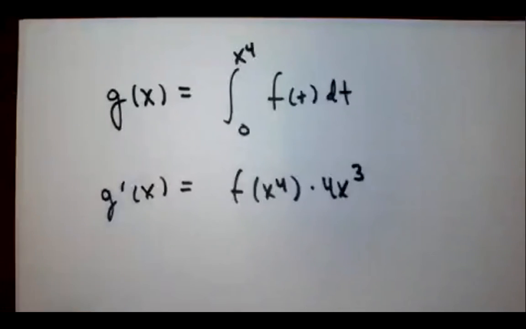Okay. What is that rule called? Integrating with bounds that are messy. I don't know. Integrating with bounds that have variables? You could try that if you're searching.